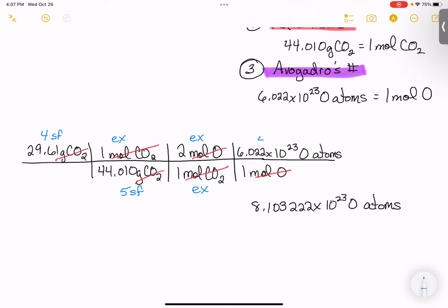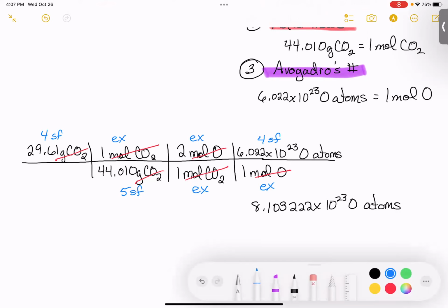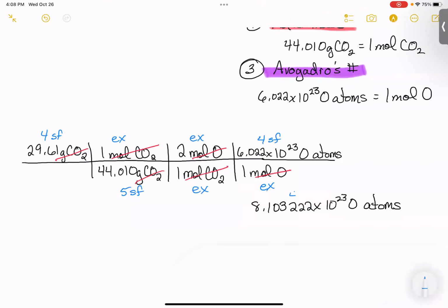Avogadro's number had 4 significant digits, and the mole portion of Avogadro's number is an exact quantity. So the measurement with the fewest had 4 significant digits, so our answer can only have 4. So we would record this answer as 8.103 times 10 to the 23rd oxygen atoms.